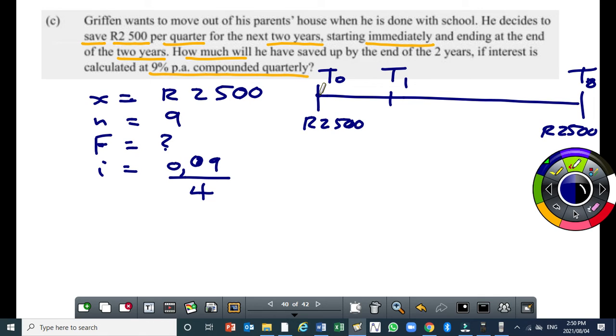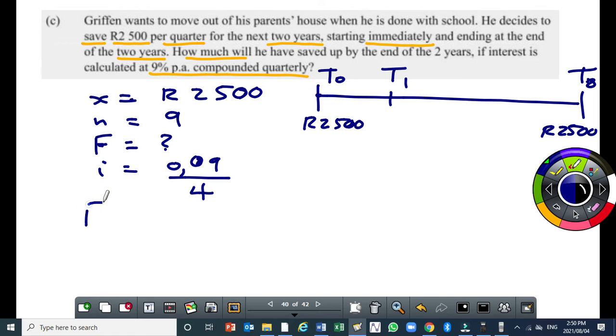Remember 10 is not a digit based on numeracy. So here, our n is going to be 9. It's not 8. You can be tempted to neglect that word immediately and end up putting n equal to 8, so be very careful. When you are reading the question in grade 12 financial maths, if you see the word immediately, be very careful how to deal with it.